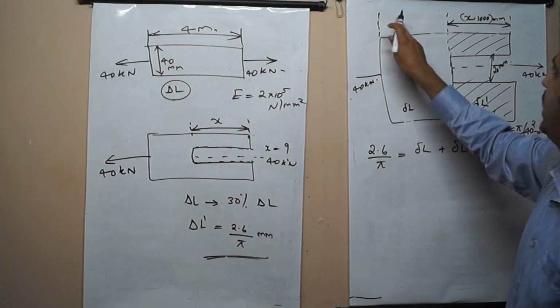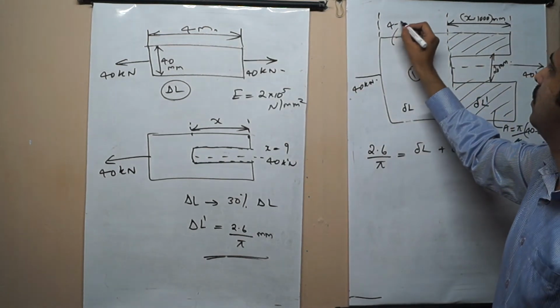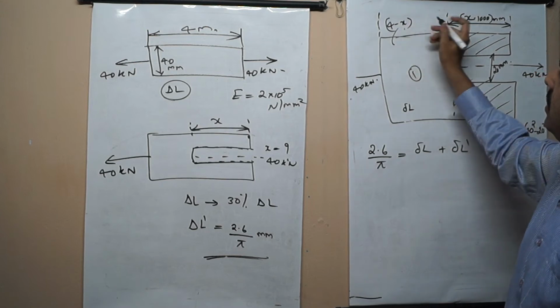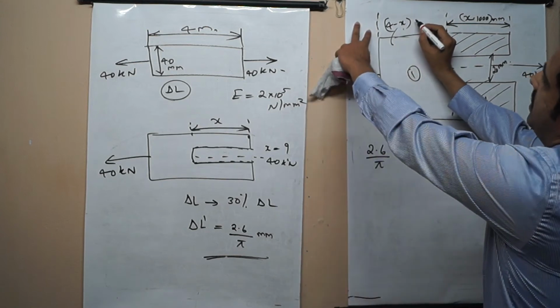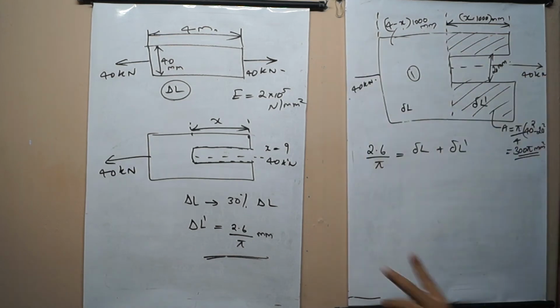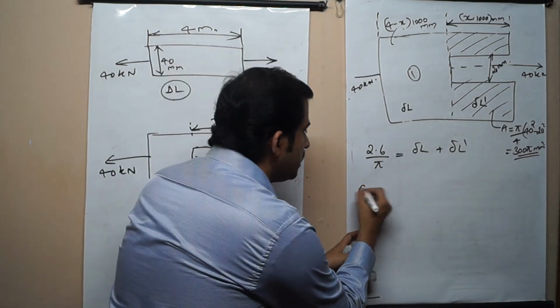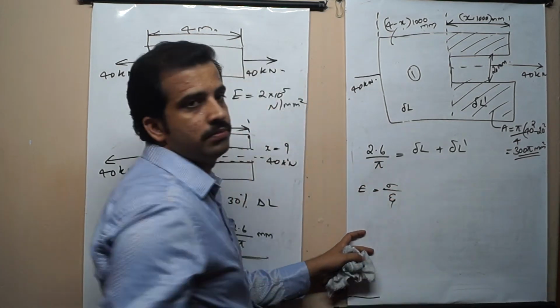So what will be the length of this part? Total is 4, so this will be 4 minus x meters. Converting it into millimeter, that is 4 minus x into 1000 mm. Okay, fine. Now we all know that elasticity is equal to stress divided by strain.